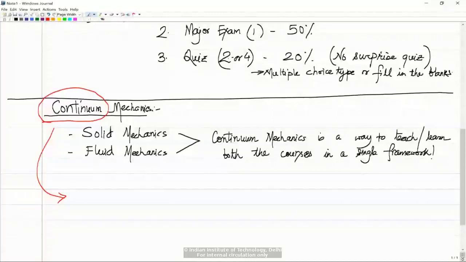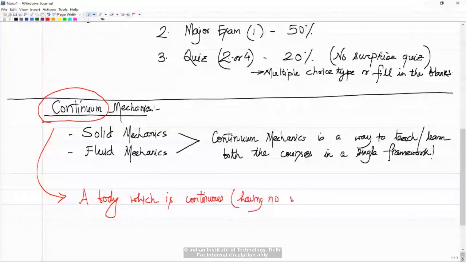And continuum, if you go to dictionary, it actually means a body, like I said, it is continuous, having no internal gap or void.